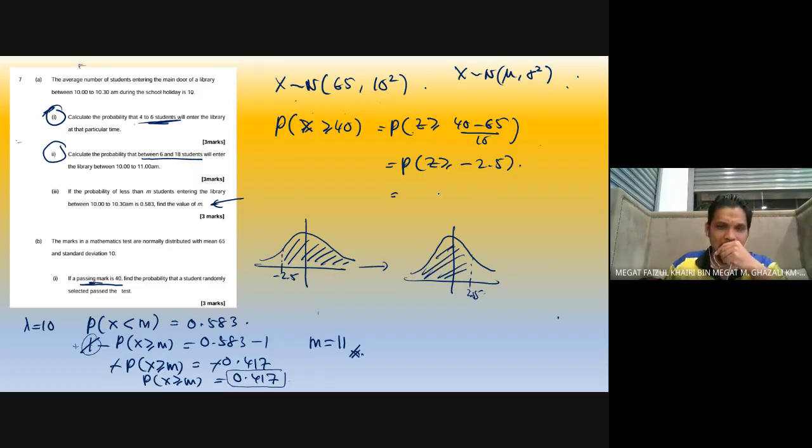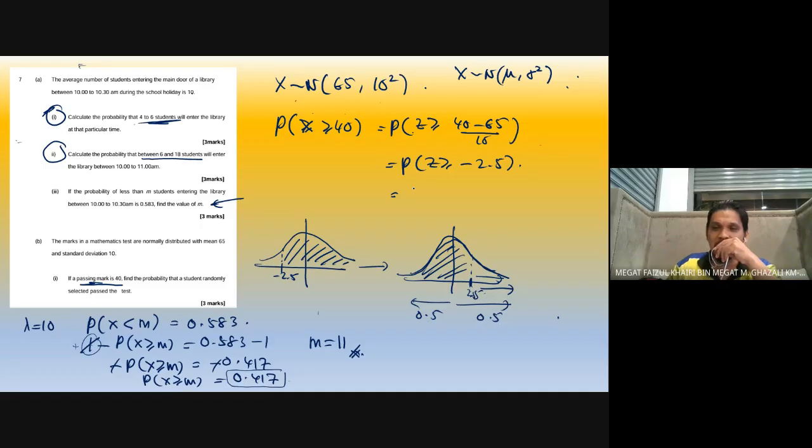The total of all the probabilities for the normal distribution equals 1. But the statistical book only gives you the probability of Z greater than or equal to 2.5. Half of this is 0.5, half of this is also 0.5, so 0.5 plus 0.5 equals 1.